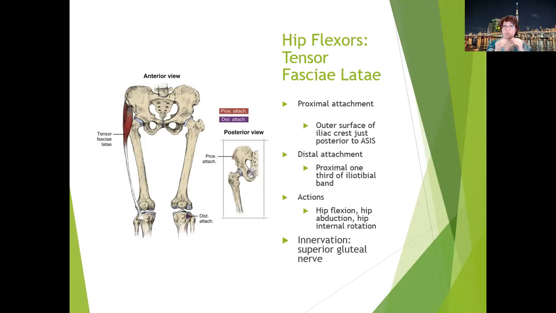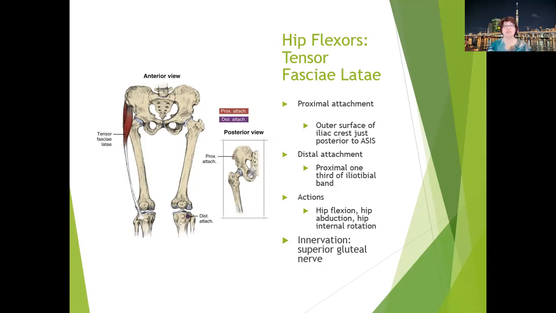So it's just in between the sartorius and the gluteus medius. The distal attachment is the proximal 1/3 of the iliotibial band. And the iliotibial band then goes down to attach on the tibia. So its name gives you exactly where it goes to and from. It goes from the ilium to the tibia.